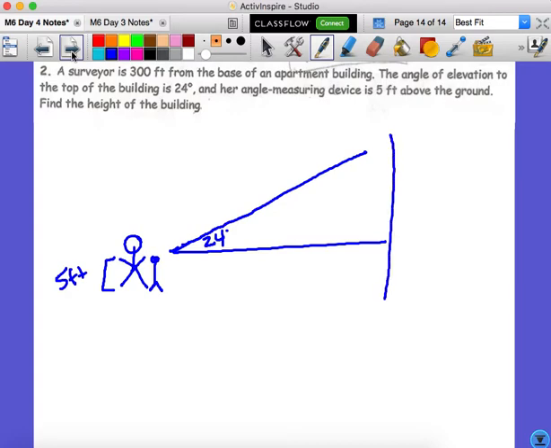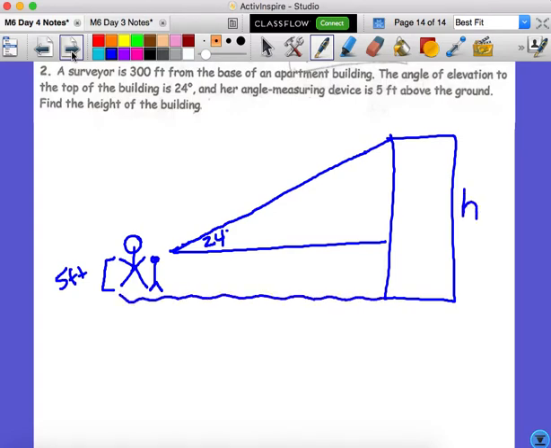So I'm going to put this building over here. And I know that I'm currently standing, or the surveyor is currently standing, 300 feet from the base. So because that's the distance at the bottom, I can also put that right here. And what I'm going to have to keep in mind is that my right triangle is right here.